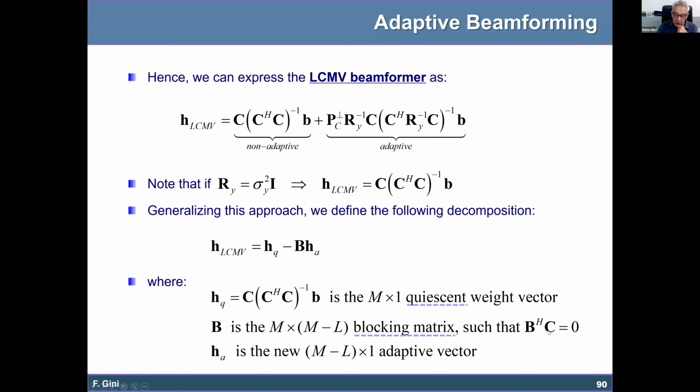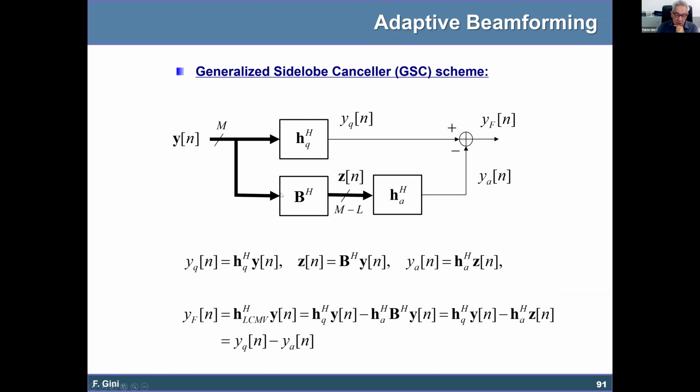So if a signal belongs to the subspace generated by C, so the direction for which we have imposed the distortionless constraints, these signals are blocked by matrix B. So they don't pass. So what we want to allow to pass to the output cannot be cancelled here because it passes through here, but is blocked by the blocking matrix.